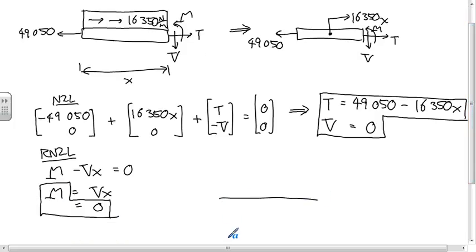And if you plot out the tension as you go from 0 to 3 meters, you start out at positive 49,050 and go linearly down to 0. So this is the internal tension close to that pin. And as you get farther towards the other end, you drop down to a tension of 0.